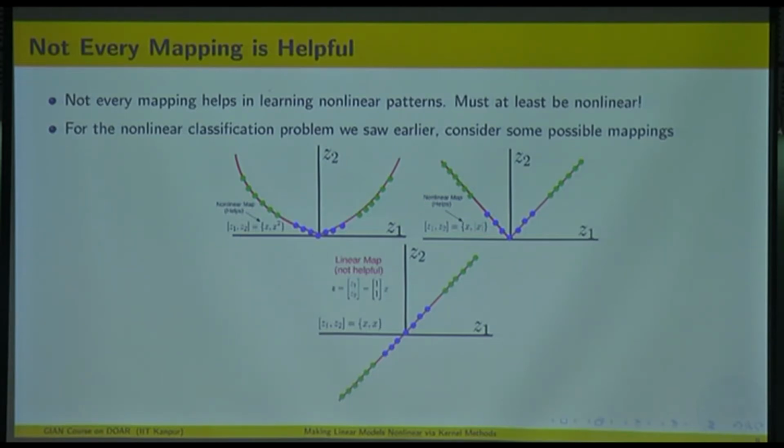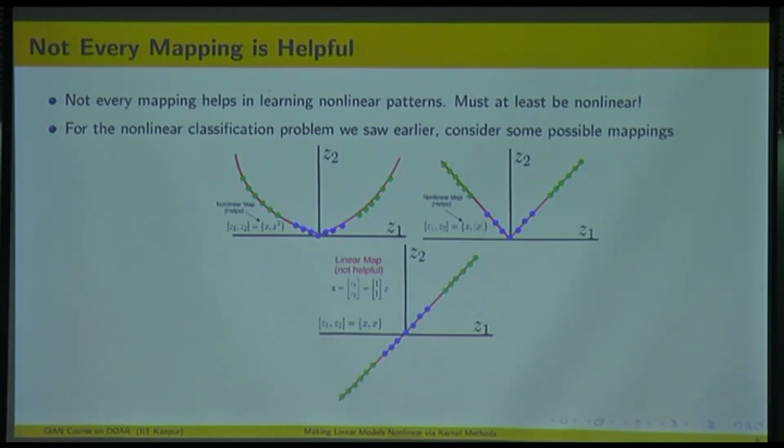You have some data and you are applying some non-linear transformation on the data so that now the data becomes separable. But the third mapping is simply z equal to the vector (1, 1) times x. This is a linear transformation, some matrix or vector applied to this feature x. So linear mappings will not help us in these problems.